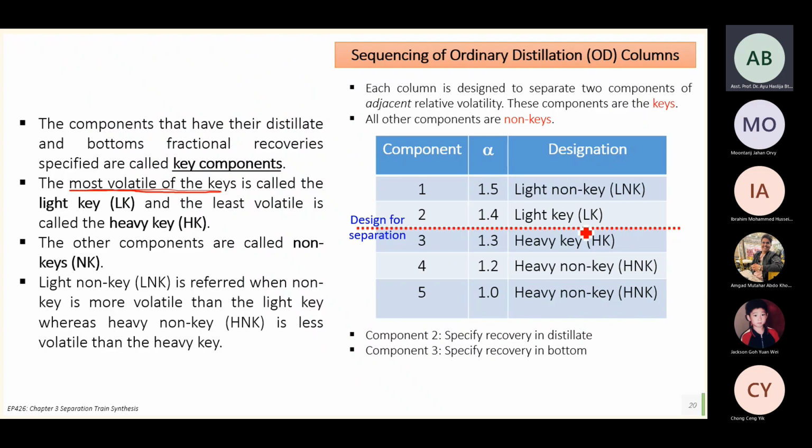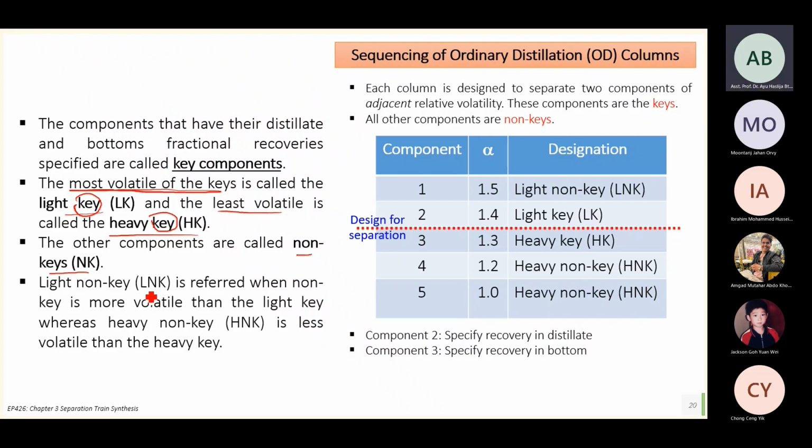Light key is your main product, and the least volatile is heavy key. Key is your components that you are focusing on, the product that you are targeting. Apart from those products are your non-key byproducts. The other components are called non-key.